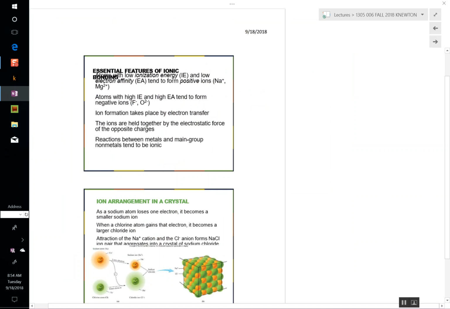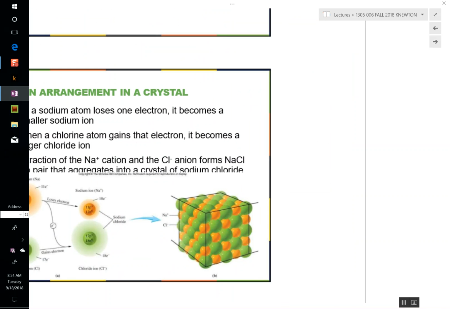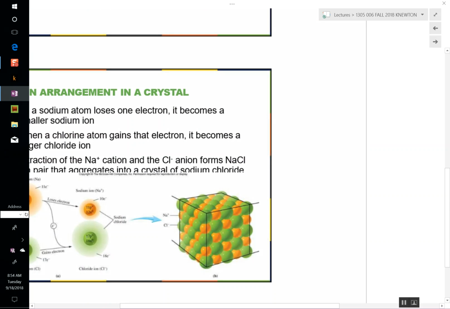All right, and so here is what sodium chloride looks like. Remember, the positive sodium ions get smaller.